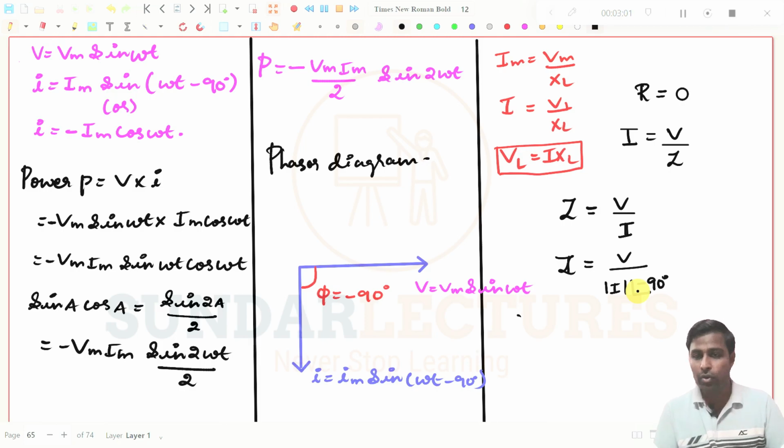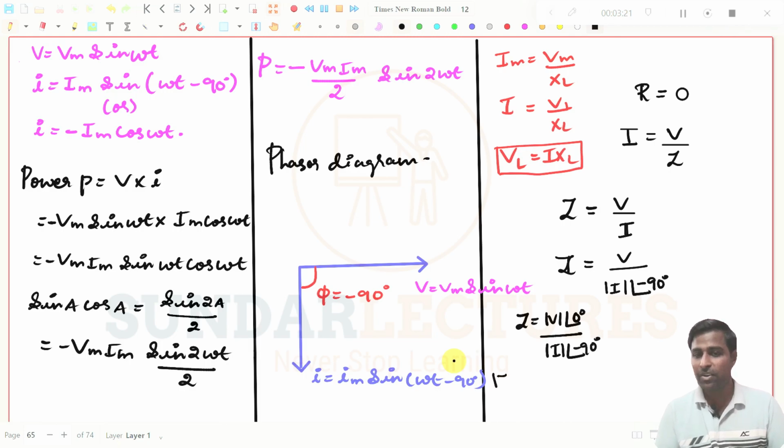And Z is equal to the modulus of V at an angle of 0 degree. V is the reference, so there is no degree, no pi value, so it will be 0. So I can write it as the modulus of I at an angle of minus 90 degree.